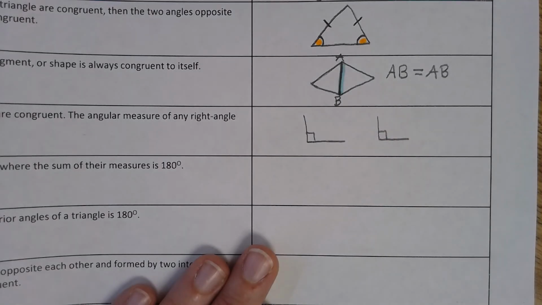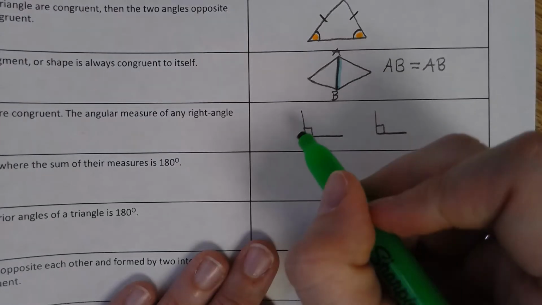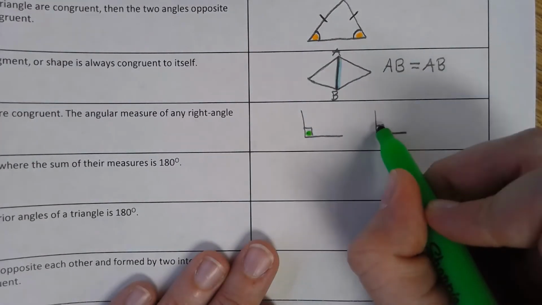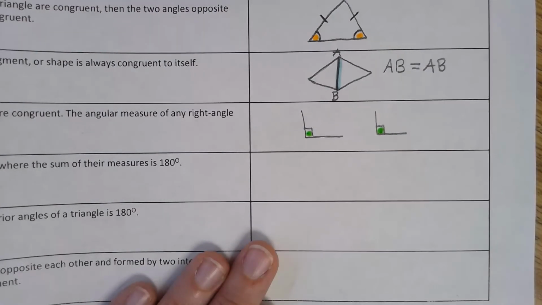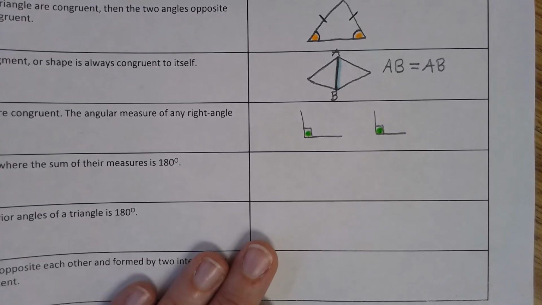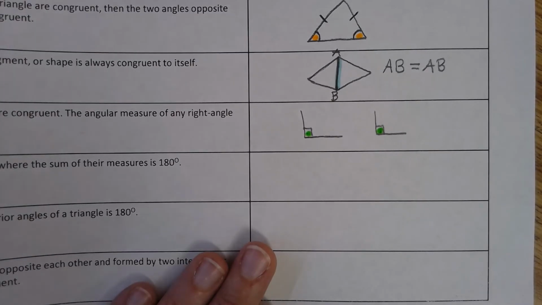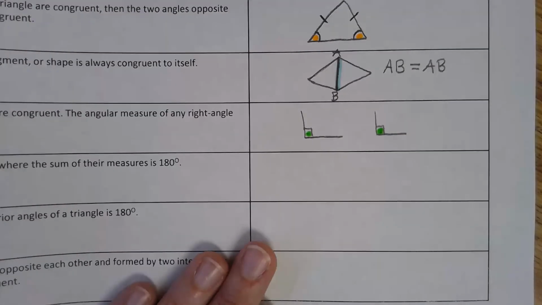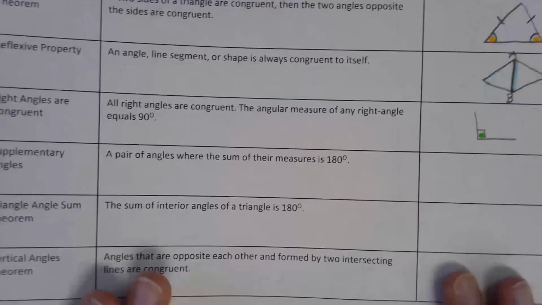Those are going to be equal in measure. So that angle equals the angle of the other right angle. Again, very much common sense, but this is something that will help us since we need those congruent angles for similarity.